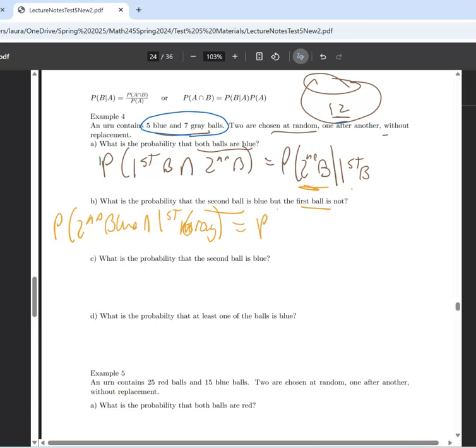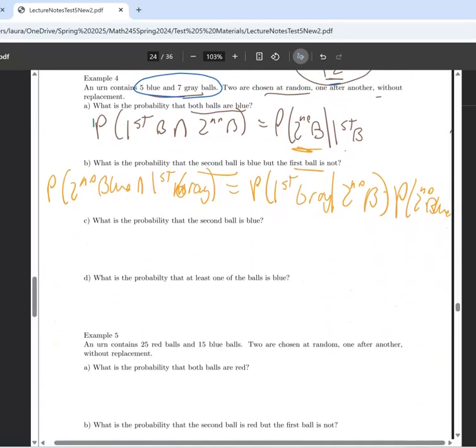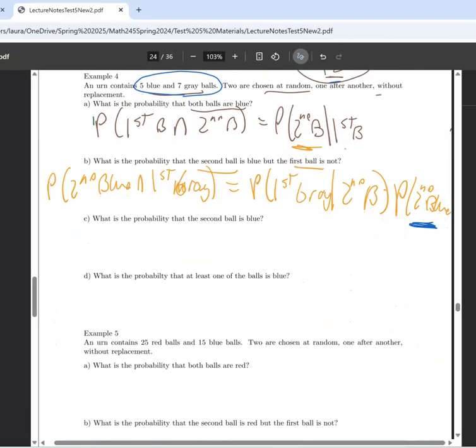Okay, so that means I'm going to have the probability of the first is gray, and the second is blue, times the probability of the second is blue. So let's start here. Maybe I should start here. So the first is gray, the second is blue.